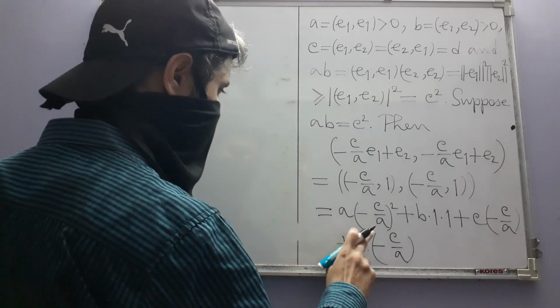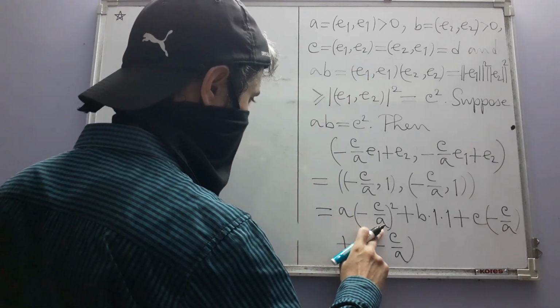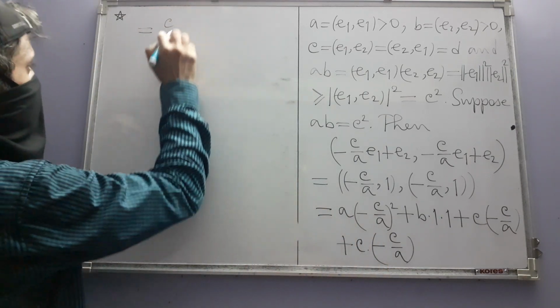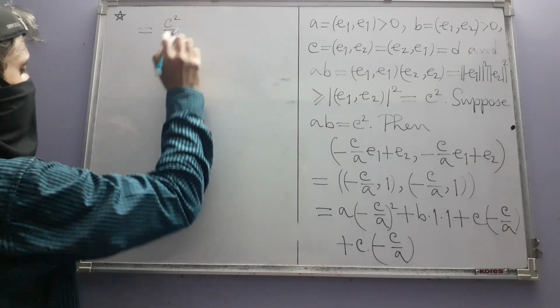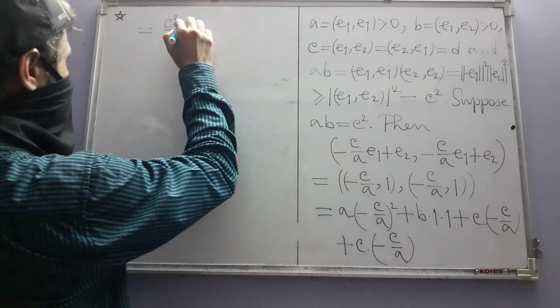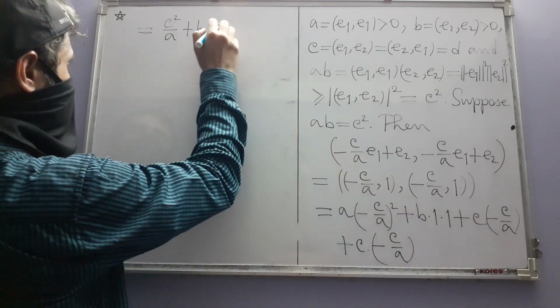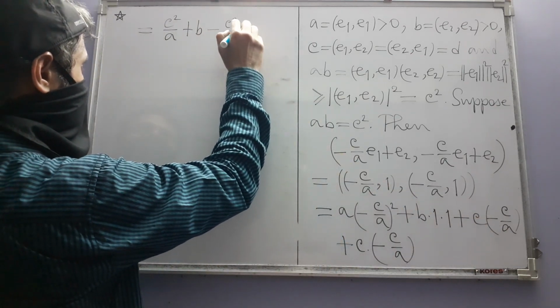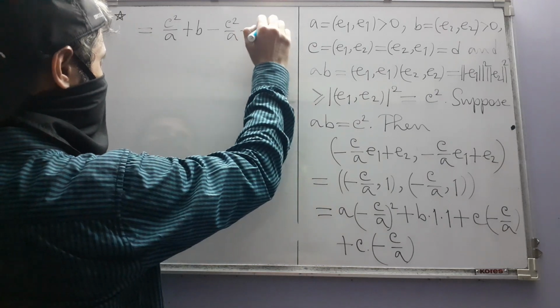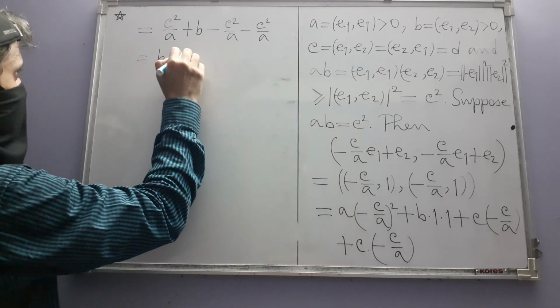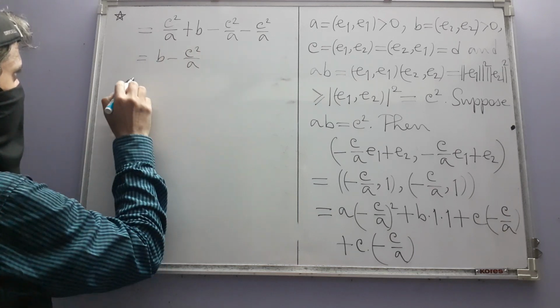Okay, now 1A will get cancelled, so we will be left with C square over A plus B, minus c square over a, minus another c square over a, that is b minus c square over a.